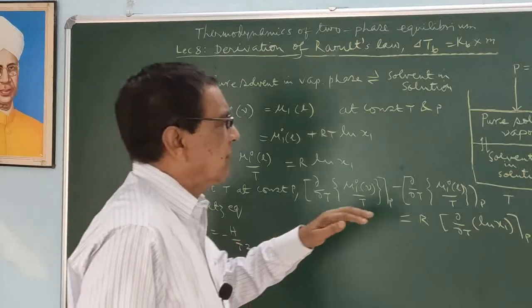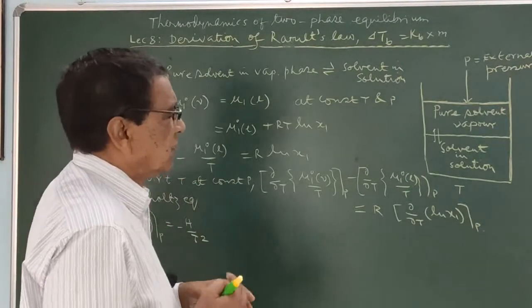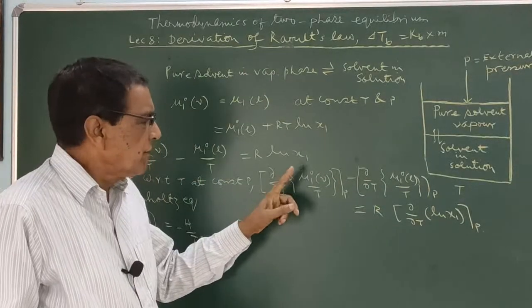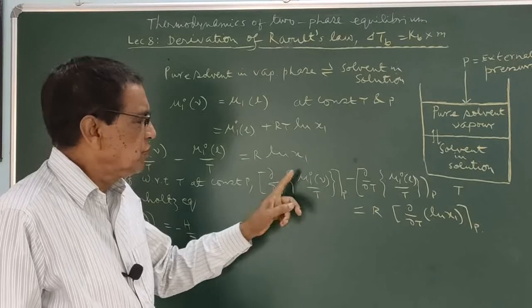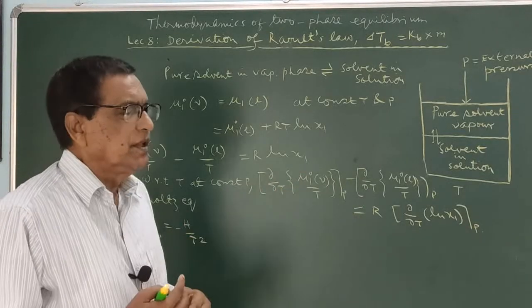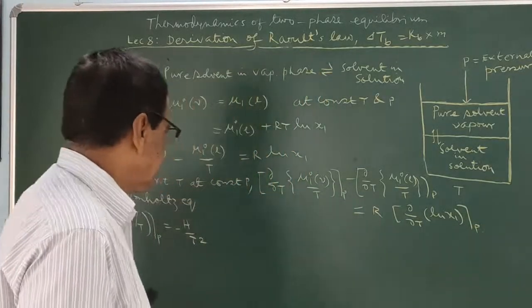In the case of our system, we are considering the molar free energy of the pure state, and this will be the molar enthalpy of this solvent in pure state.